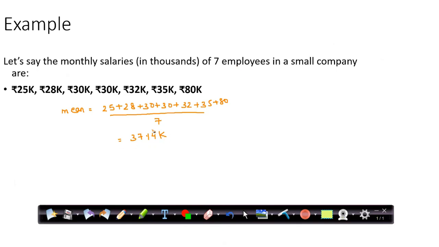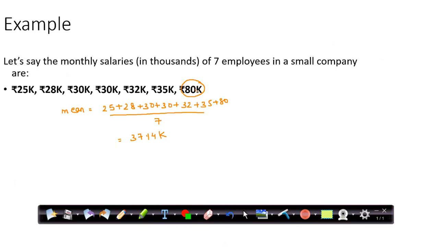Now, if you look at this value, the mean that you have got lies here, right? It doesn't represent the majority because majority of the employees have actually got less than 37.14K. What is happening is there's an outlier in the data set. Now let me take a pause and define what is outlier.